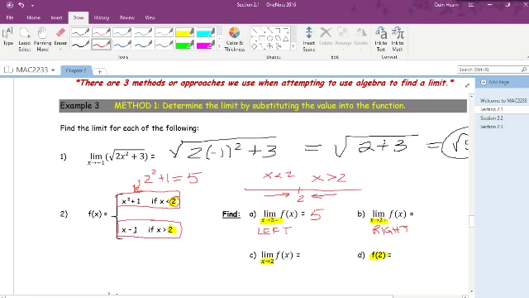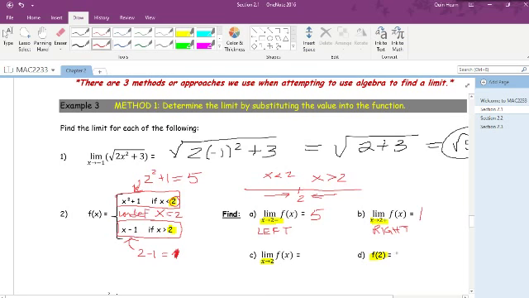So if we could plug 2 in, this would end up at 2 minus 1 equals 1. So we are headed toward the value 1. We don't ever actually reach it because notice that there is no value given for x equals 2. The function is actually undefined.